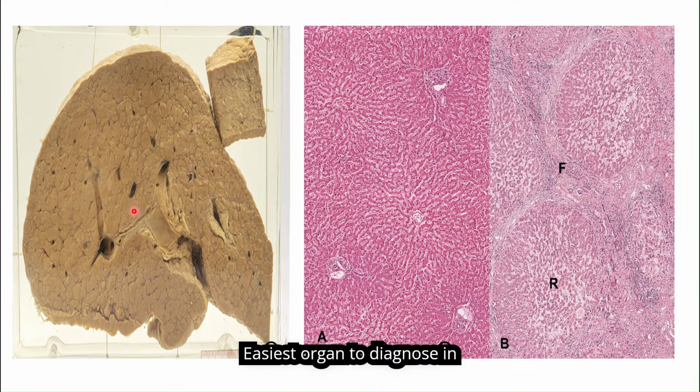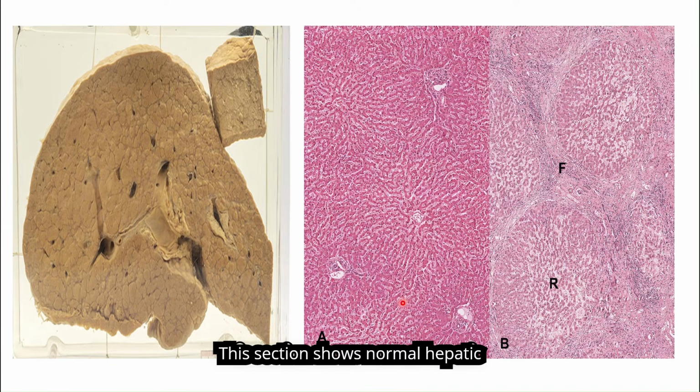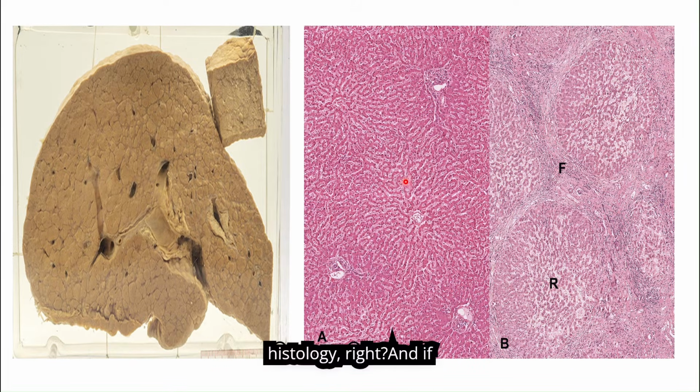Easiest organ to diagnose in exam. This is a part of liver showing varying sizes of different nodules. So cirrhosis of liver. This section shows normal hepatic histology, right?